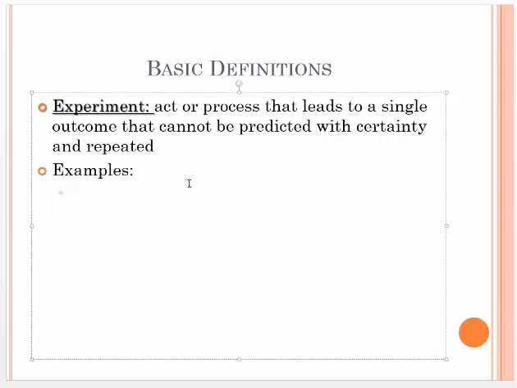Let me give you some examples of experiments in probability. The easiest one is flipping a coin. I could get heads or tails, but I don't know for sure what I'm going to get. The next one is rolling a die. In this class we'll talk about a six-sided die. When I roll a die I could get the numbers 1, 2, 3, 4, 5, or 6, but I don't know for sure what I'm going to get.